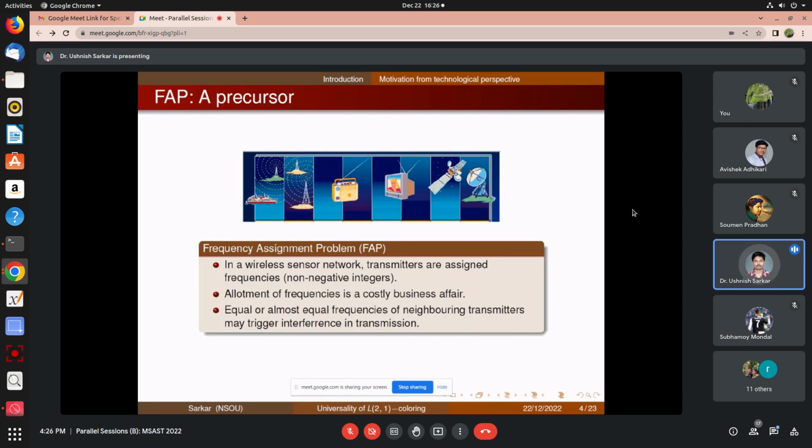Also, there is another challenge of interference. That is, suppose two close or nearby transmitters or transceivers are relaying information in frequencies which are identical or very close to each other, then the transmission of each transceiver, or the receiving of each transceiver, will be disturbed by a phenomenon called interference.